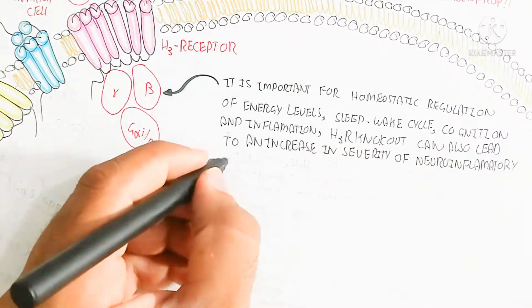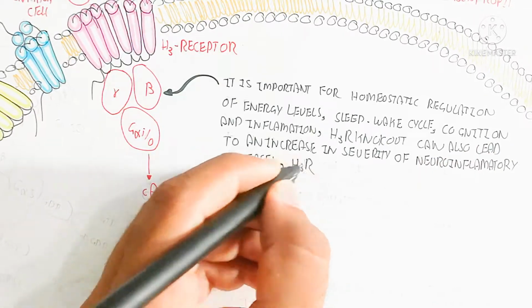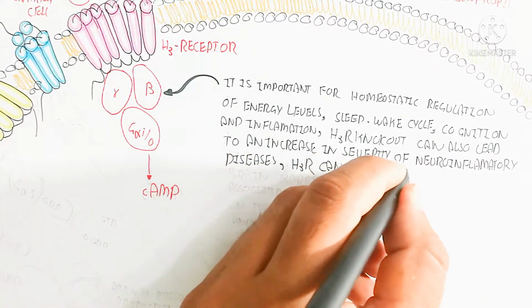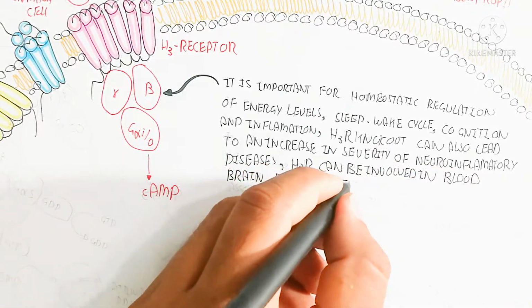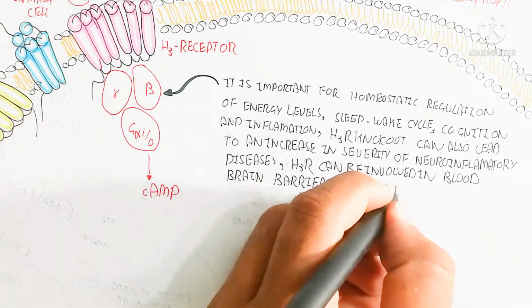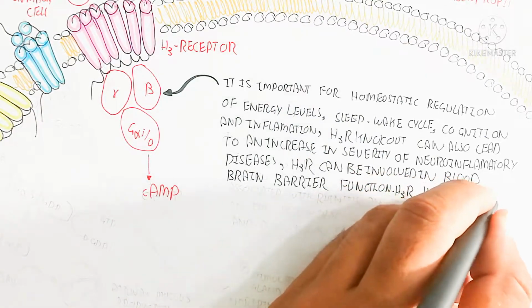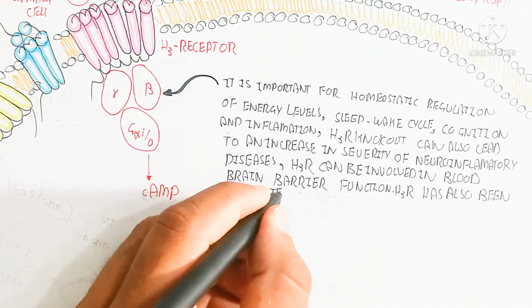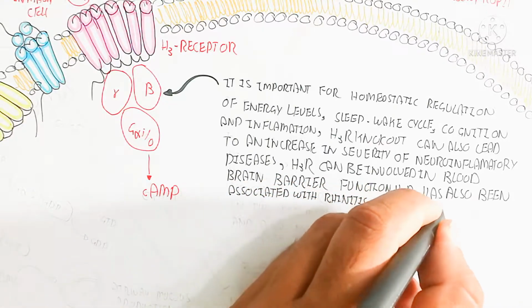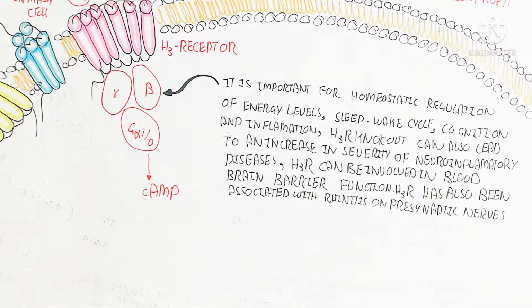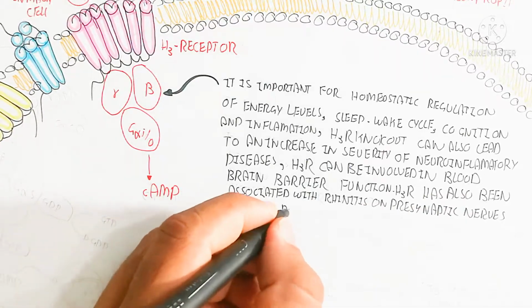H3 receptor can be involved in blood-brain barrier function, and H3 receptor has also been associated with rhinitis on the presynaptic nerve in the peripheral sympathetic adrenergic system, and the basal submucosal gland will also be triggered by this.